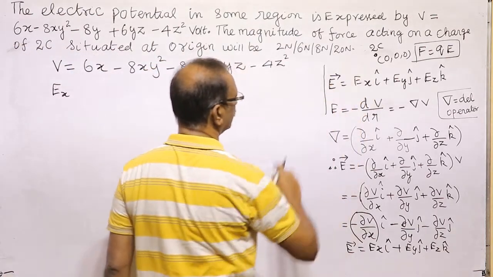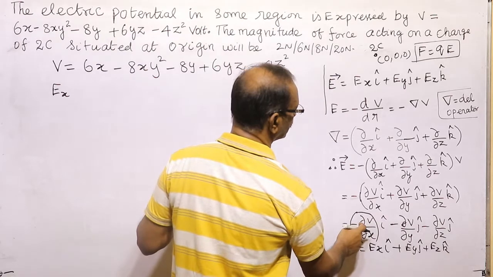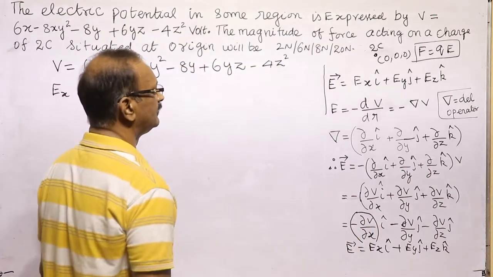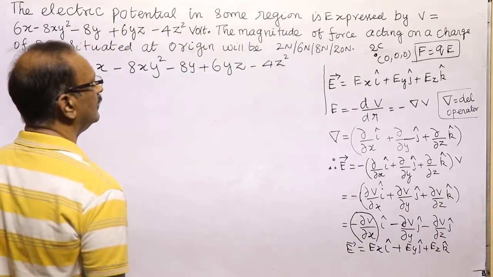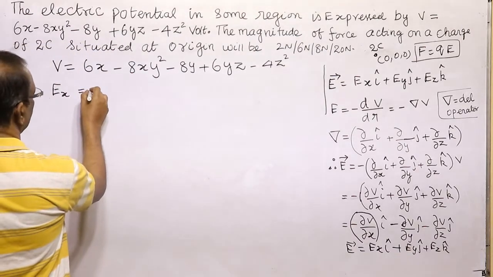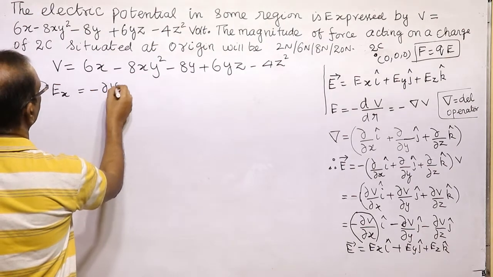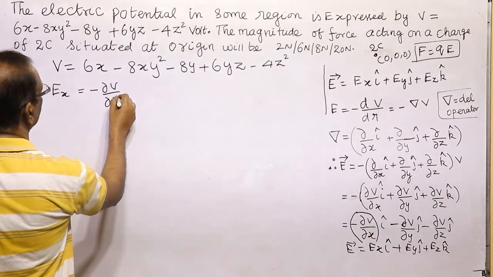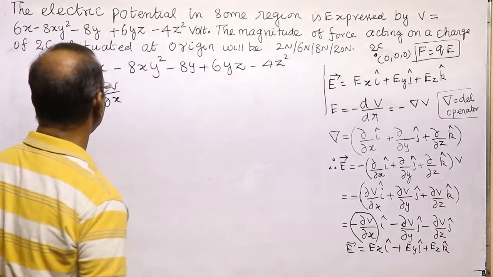This x component of electric field is nothing but the negative partial derivative of potential with respect to x. So Ex is equal to minus dou V by dou x. What is partial derivative?